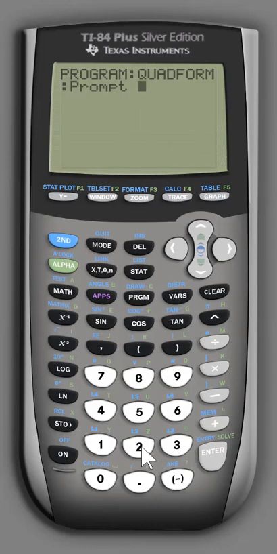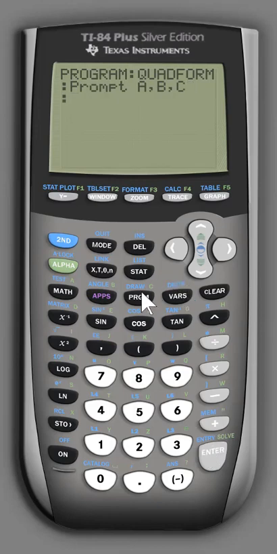And I want it to prompt for values A, B, and C. Now at this point, notice that the cursor is not indicating an A inside, which means alpha notation. So I have to click alpha A, then come down to the comma to separate that from alpha B, comma, alpha C, and that has that line done. So I'm going to press Enter.